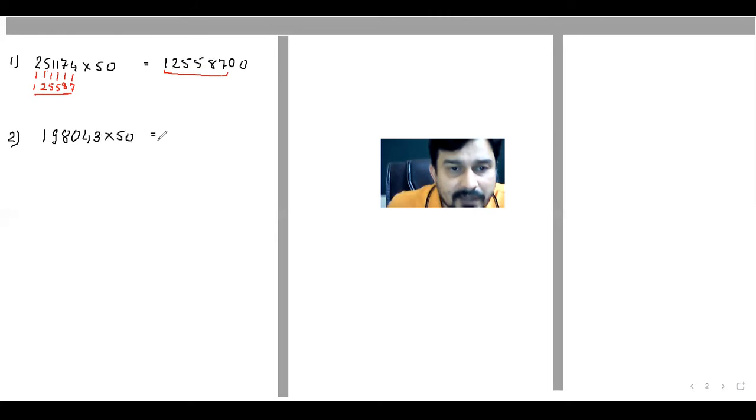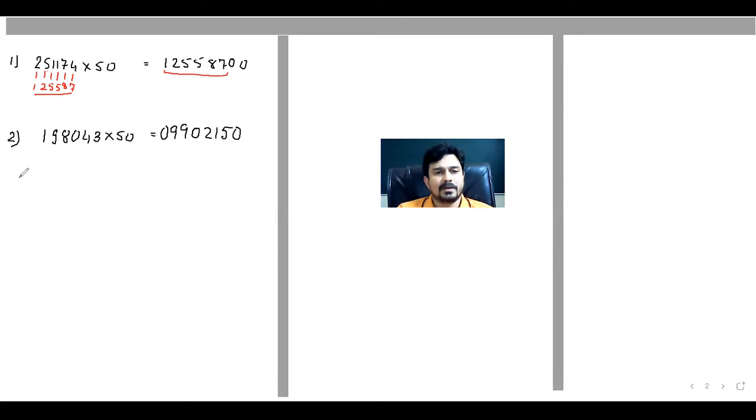I will start dividing it by 2. 1 divided by 2 is 0. 19 divided by 2 is 9, and again it becomes 18 divided by 2 is 9. 0 divided by 2 is 0. Don't forget to put this 0. 4 divided by 2 is 2. 3 divided by 2 is 1. Since the remainder is 1, it is an odd number and the remainder is 1. What you have to put at the end? 50.